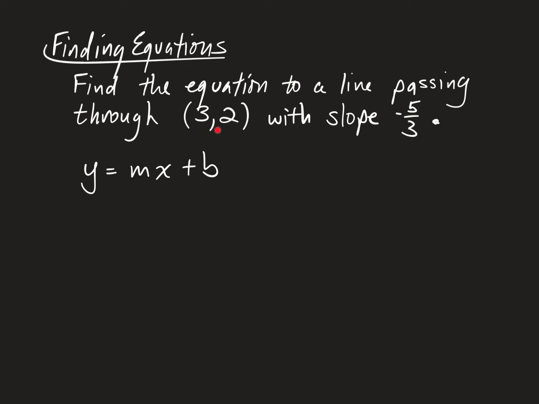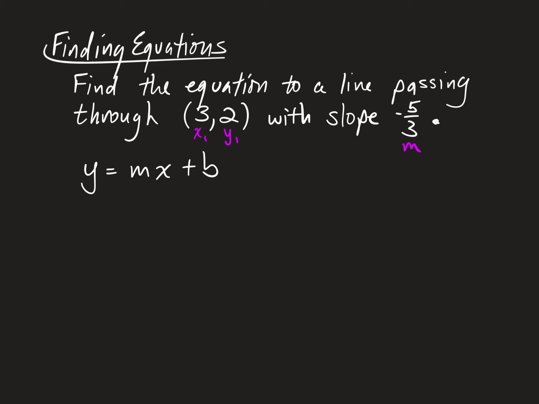It turns out this is not the y-intercept for a line passing through this point, so we don't know the y-intercept in this case. If you know the y-intercept, you can just plug the y value right in for b, you can plug the slope right in for m, and be done with it. In this case, we know that we have an x sub 1 and a y sub 1, and we have over here a slope.